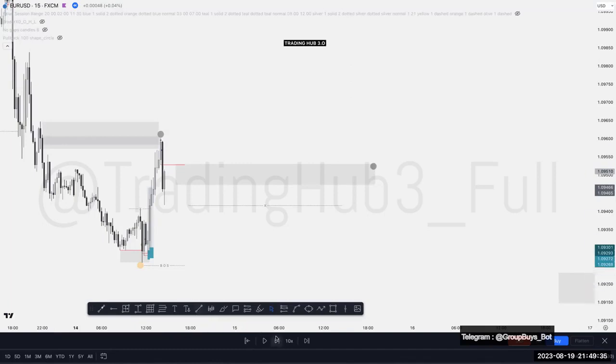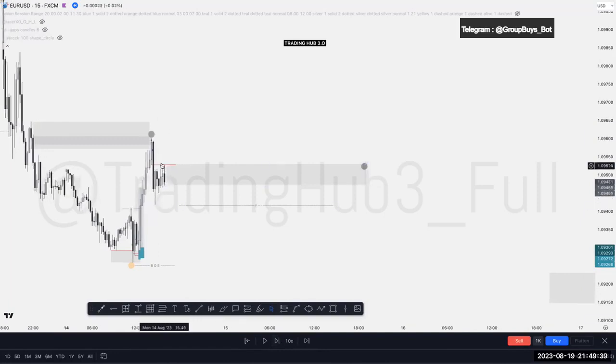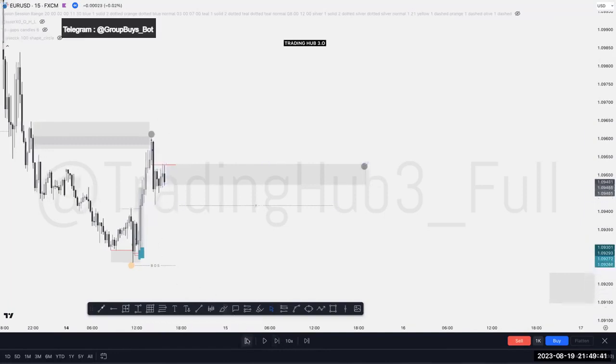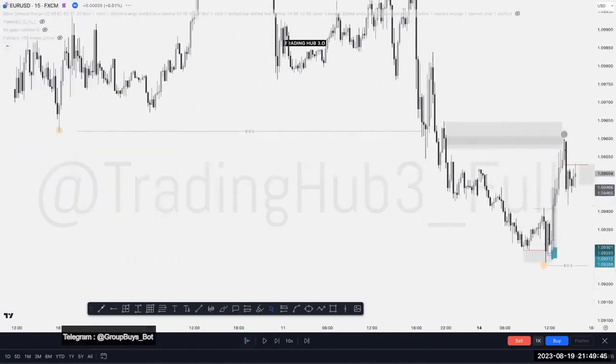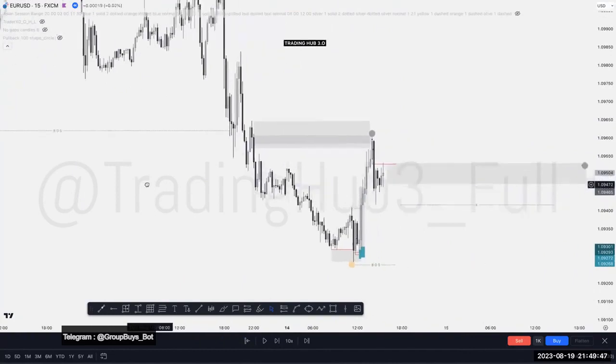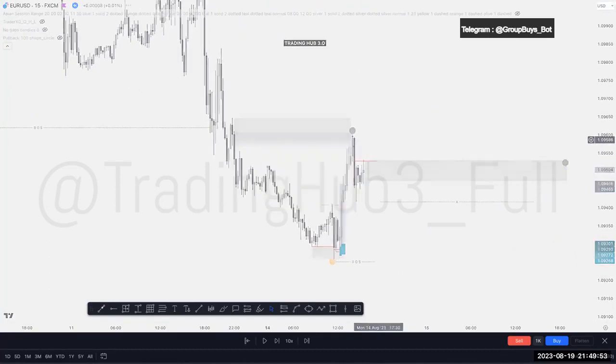So wait for it to mitigate this one. Okay, finally the market mitigated our single candle order block. So if price taps here, you have to switch to the 1 minute time frame immediately to see exactly what is happening.